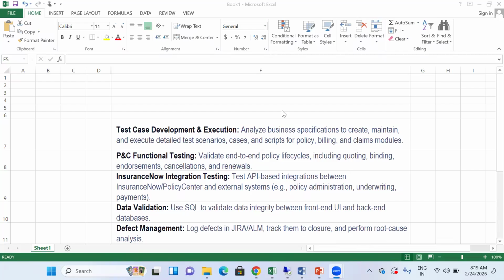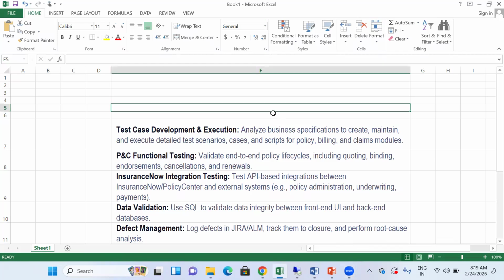Right. So these are the major key responsibilities of being a Guidewire tester, as a QA tester or a functional tester, that we must be good with. These are the major key responsibilities that we need to perform. On a high level, I am just giving it.